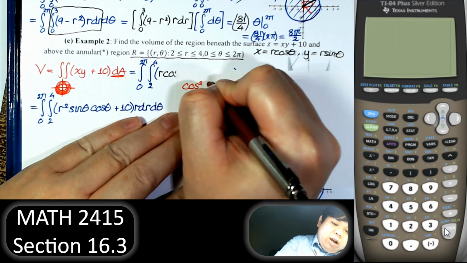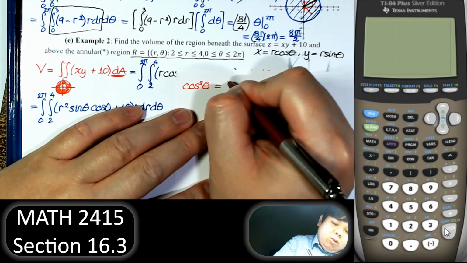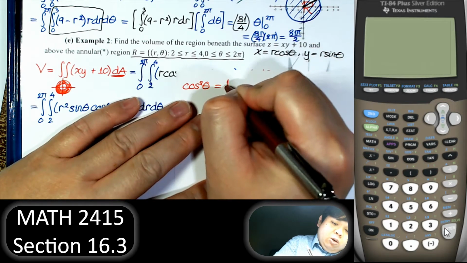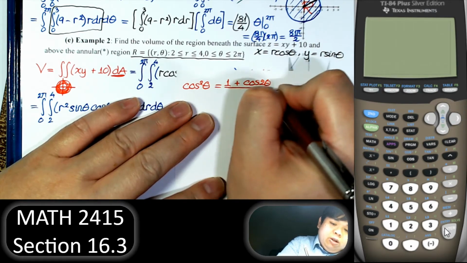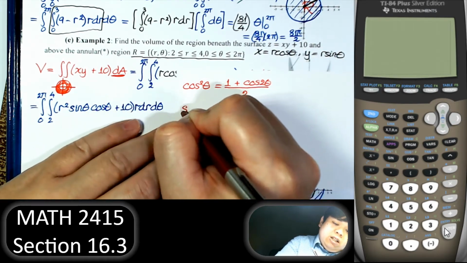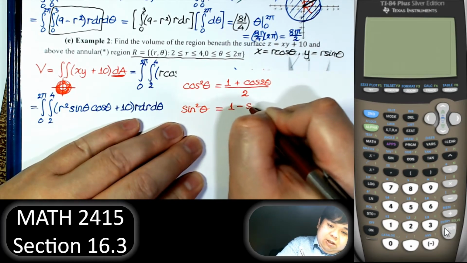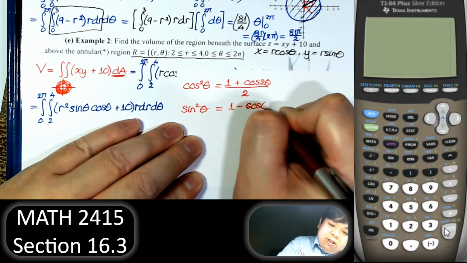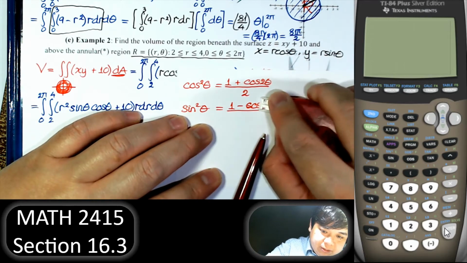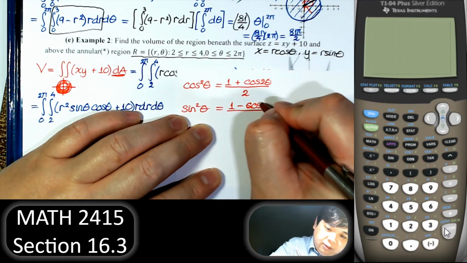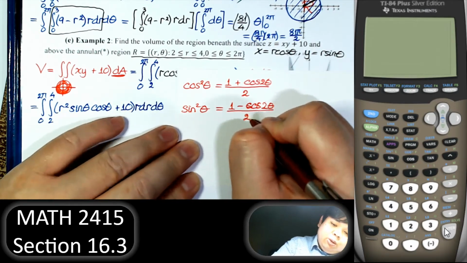If we have cosine square, we can use power reducing, and we will have 1 plus cosine of 2 theta over 2. So that is power reducing. Sine square, also power reducing, 1 minus cosine of 2 theta over 2.